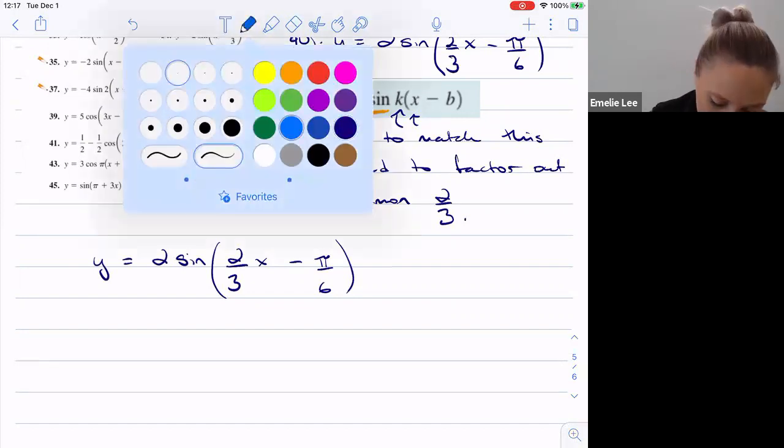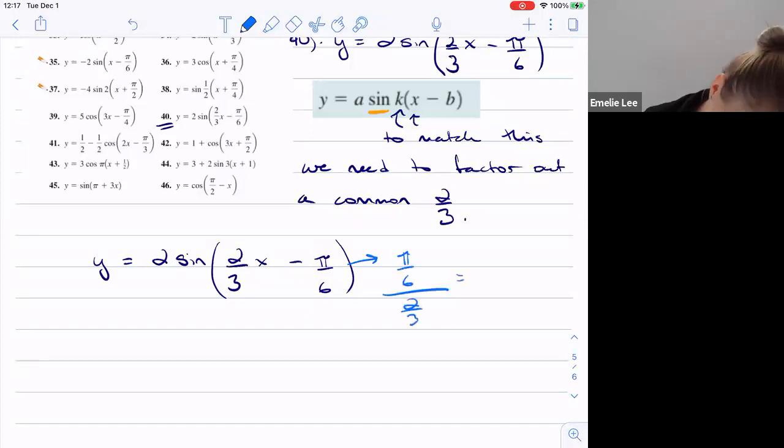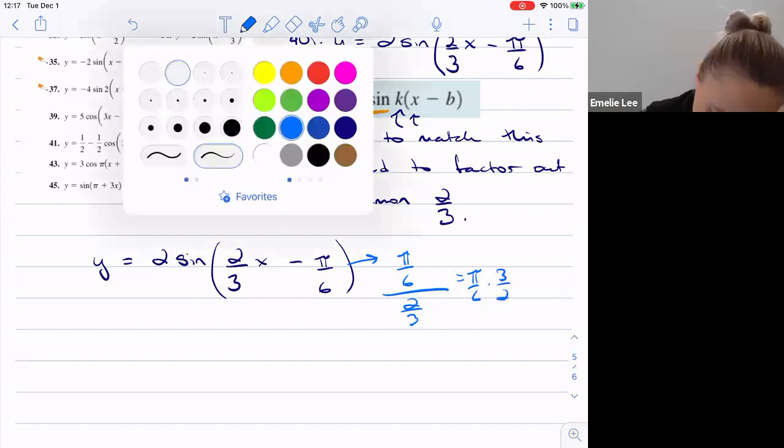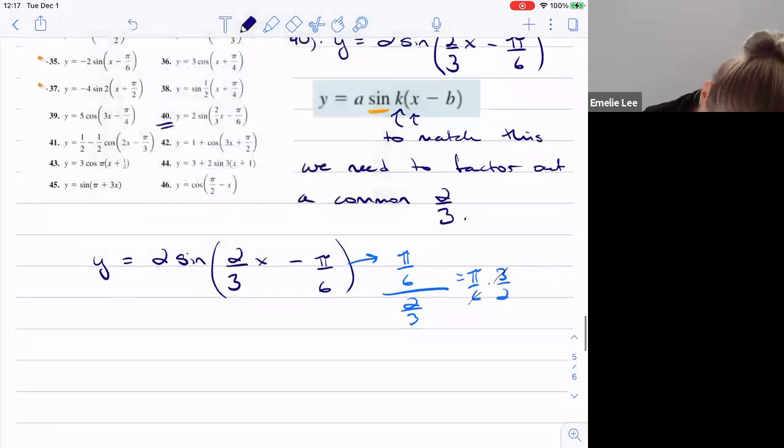So what I really need to do is pi/6 divided by 2/3, pulling out a common factor. So pi/6 divided by 2/3, fraction over a fraction, we know what to do there. Pi/6 times 3/2. This is going to become pi/4, right? 3 and 6 are going to cancel to make 2. 2 times 2 is 4. Which is pi/4.